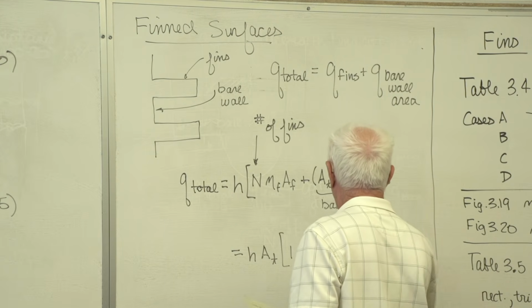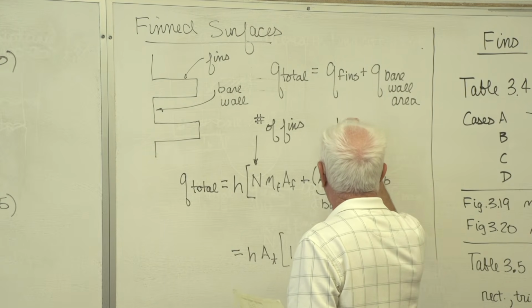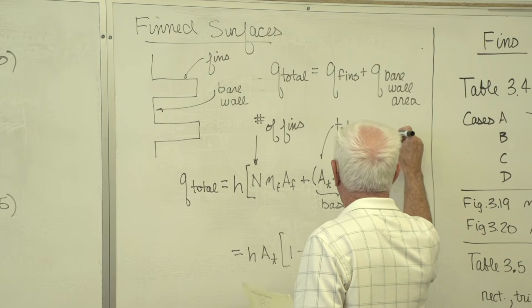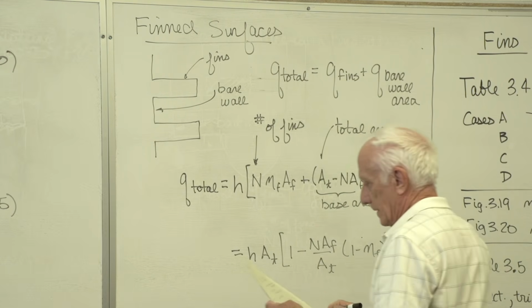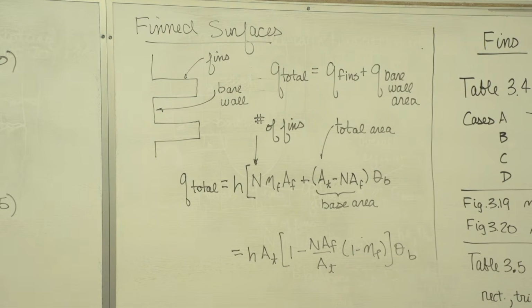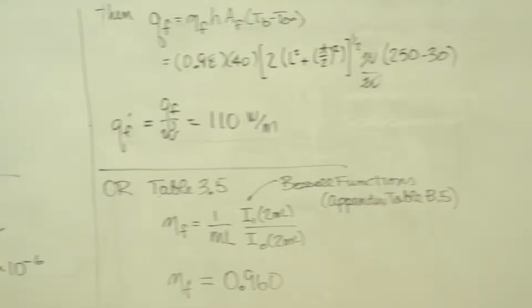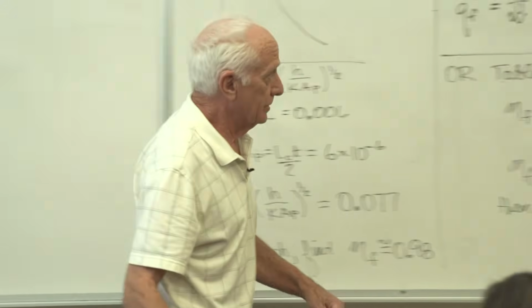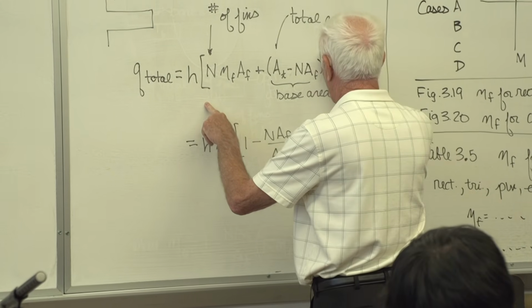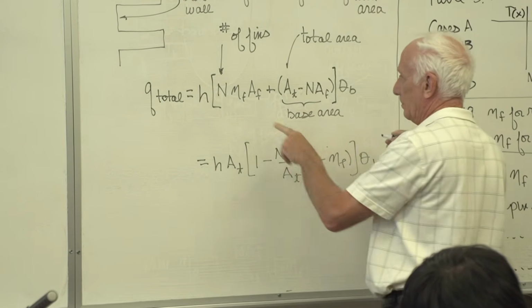A sub T is the total area. Okay, so I think that's all we need there. Normally, you don't need that longer equation. You just go ahead and use this one right here. This is the one you'd normally use.